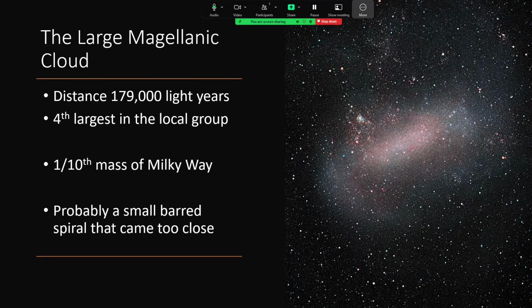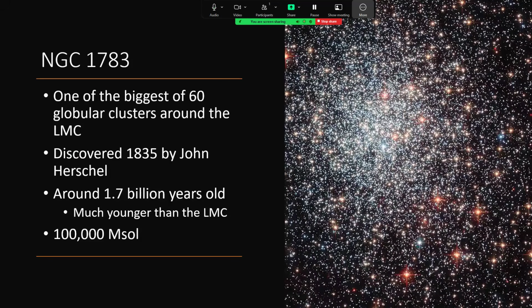As I said, it probably had a bar structure across a spiral, which you can just see the echoes of today, but it came too close to the Milky Way and got stripped of a lot of its outer layers and rather distorted by the effects of gravity. Now, buried within it and around it, we have lots of interesting objects.